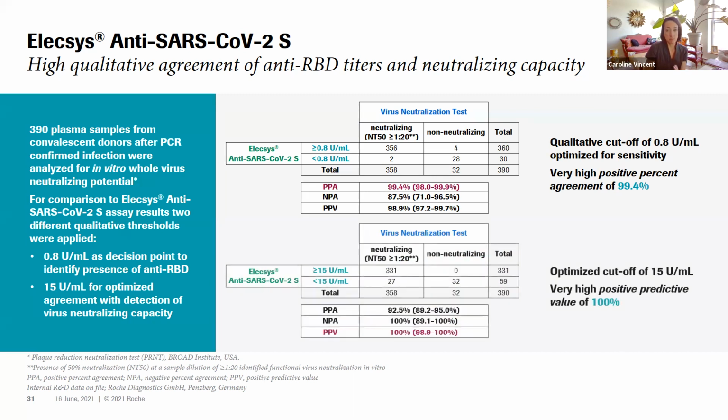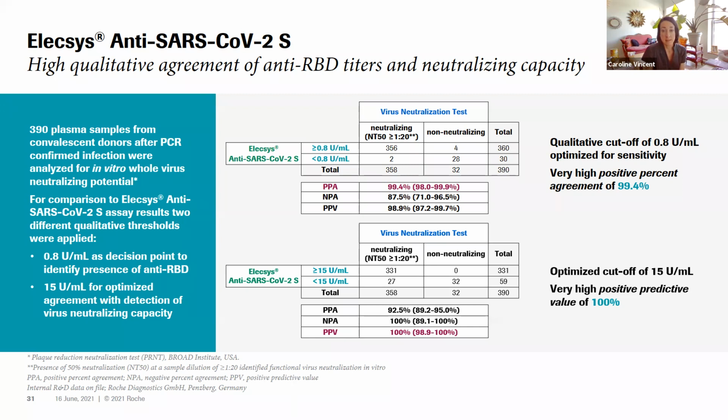Now, if we push our analysis further and if we set the Elecsys assay cutoff at a higher level, so at 15 unit per ml, in order to optimize the agreement with virus neutralizing capacity, we obtain in this case a positive percent agreement of 92.5%, but the positive predictive value is increased to 100% at that cutoff.